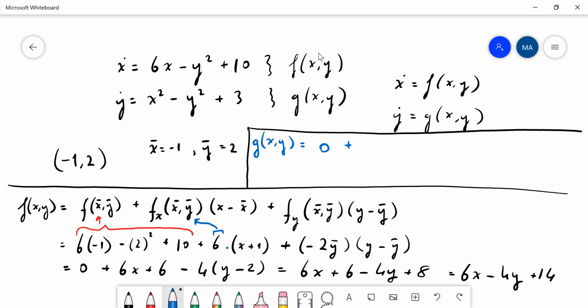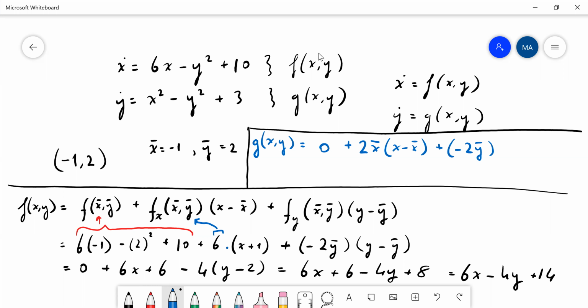This is -4 plus 3 is just 0. Then you have the derivative of this function with respect to x. It is equal to 2x. Evaluated at x bar, it is 2x bar. X minus x bar plus the derivative of this function with respect to y. It is -2y.